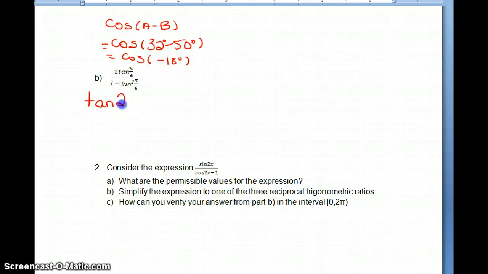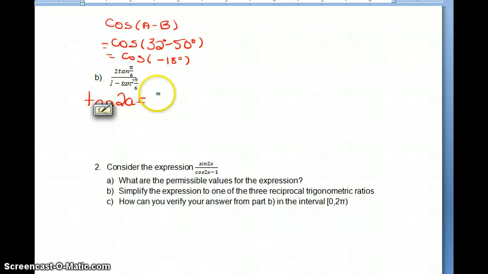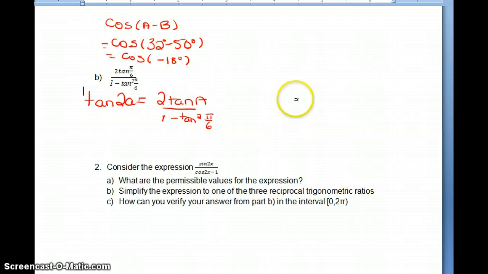Here we have tan of 2A is equal to 2 tan A divided by 1 minus tan squared times pi over 6.